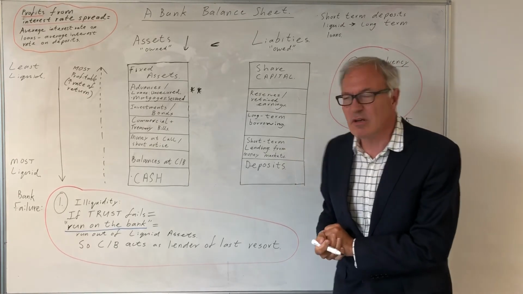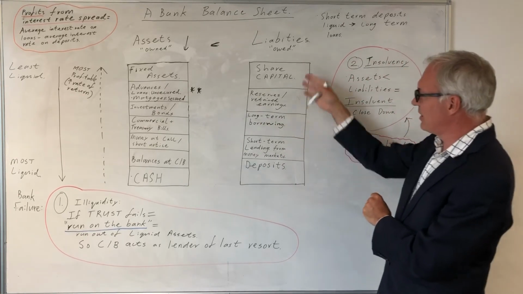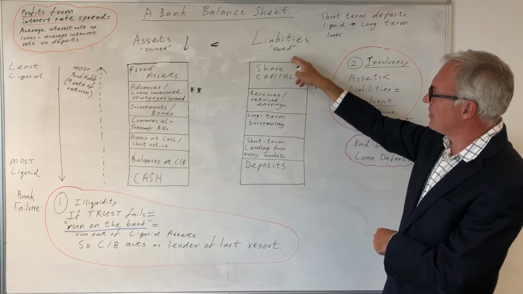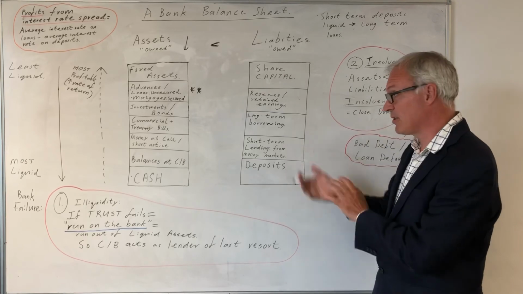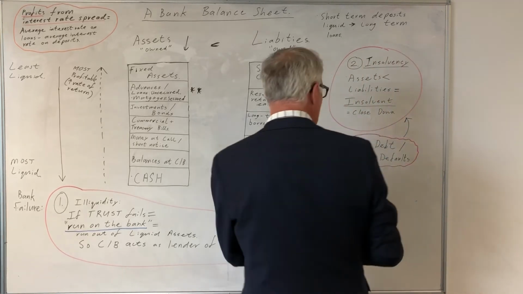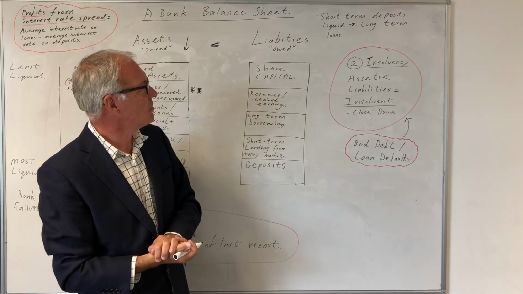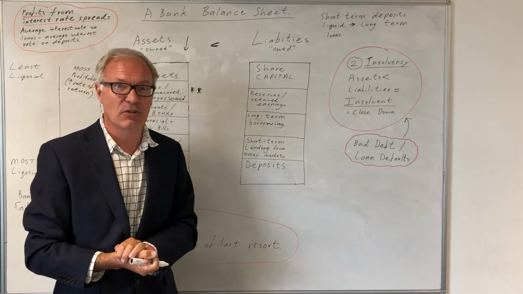Accountants come along, pick through the pieces, and give what is owed back to the people whom it is owed to as best they can. And so, because of loan defaults and bad debt, that's a second reason why banks can become insolvent.